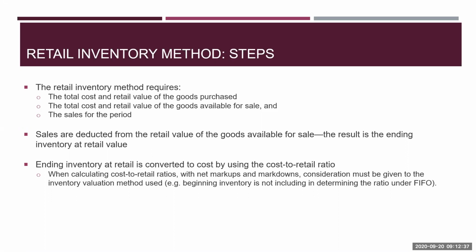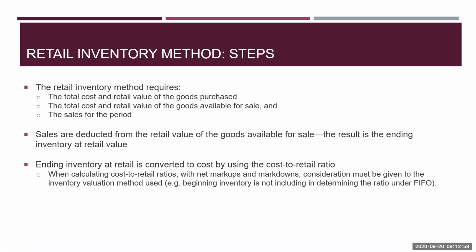These records are maintained by the business. Sales are deducted from the retail value of the goods available for sale, and the result is the ending inventory at retail value. Then the ending inventory at retail value is converted to cost using the cost to retail ratio.